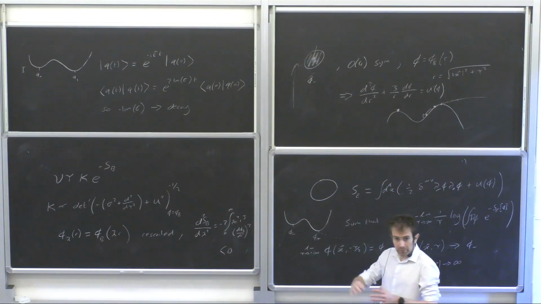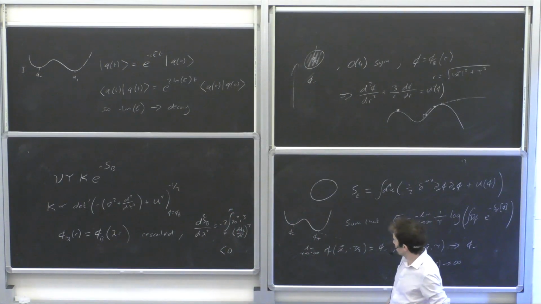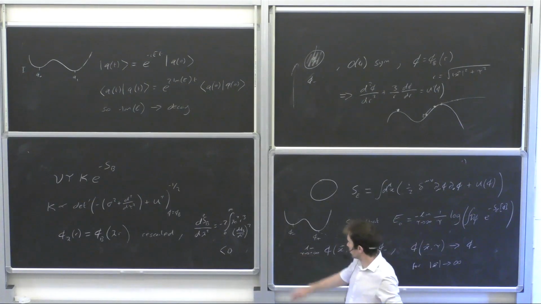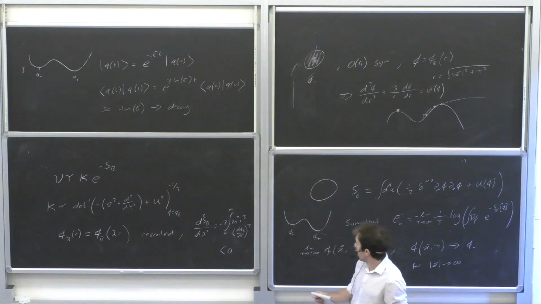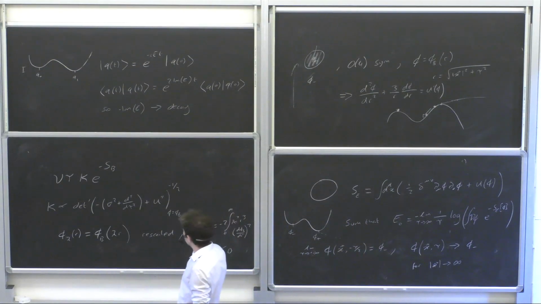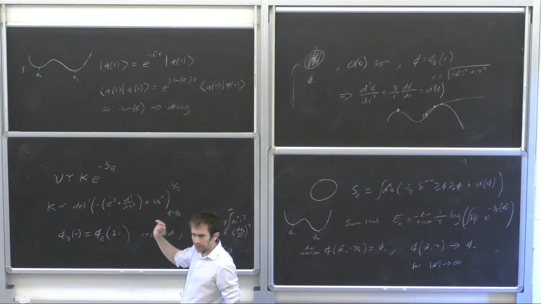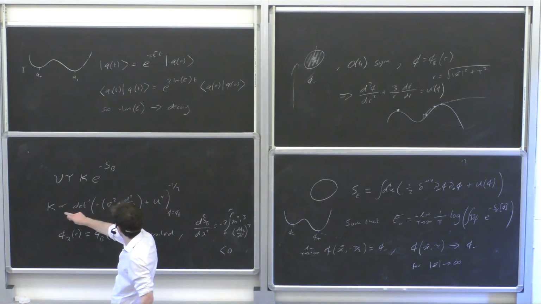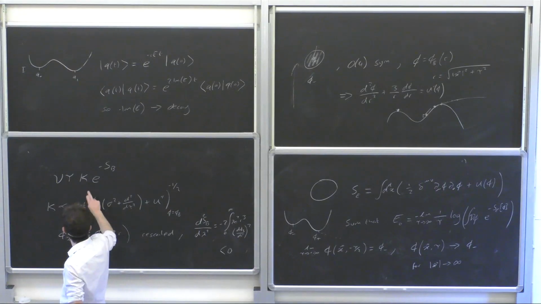So now I have some fluctuation that definitely decreases the associated action and therefore corresponds to a negative eigenvalue. It's probably a bit harder to prove that this is the only negative eigenvalue, but it turns out that it is. And in this case, this K ends up imaginary.